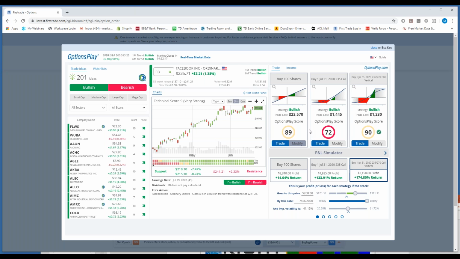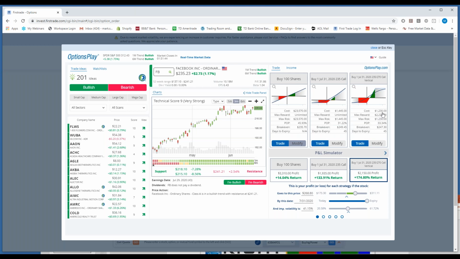And here's how it does. If we buy the call, now the 72 is in red and circled, which means it's a poorly configured position. And we can modify it, but let's take a look at the vertical position. Now the vertical position has a blue check after it, which means it's a stellar position. If we click it, it gives us all the metrics.